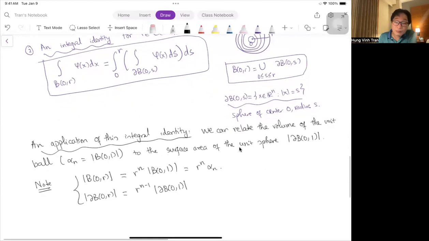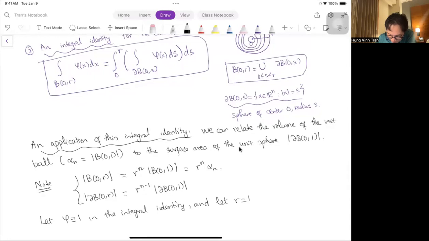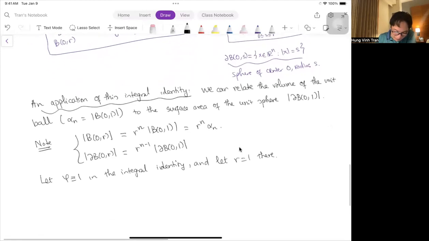All right, now let's apply this integral identity. How do we apply it? We just let phi equal exactly 1 in the integral identity, and we can also let r equal 1.